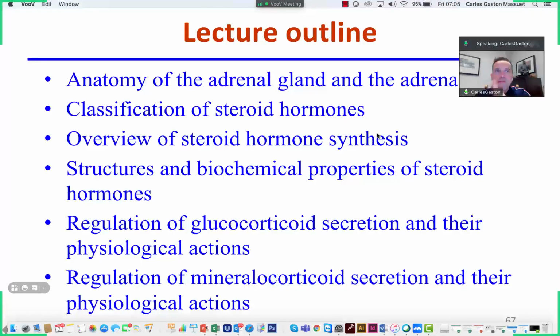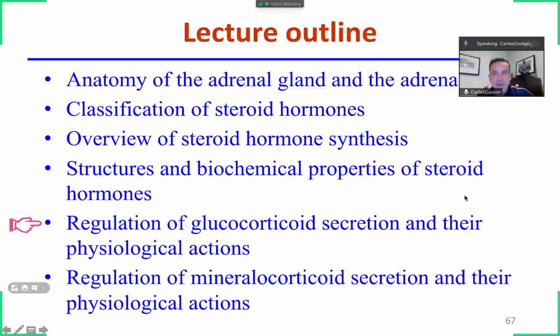There were some main enzymes that you will need to learn, but are the ones that are associated with the disease conditions. We talked about the structures and biochemical properties of steroid hormones. And today, what we're going to talk about is the regulation of glucocorticoid secretion.